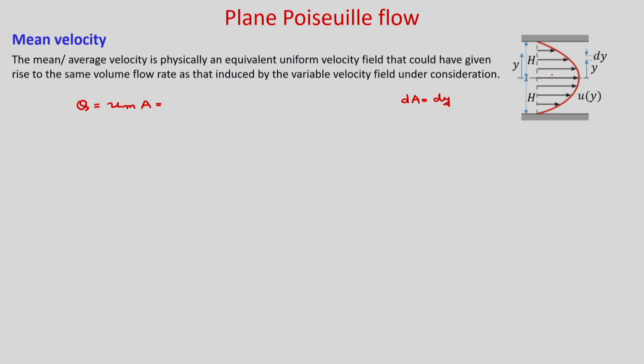Width means perpendicular to this board, whatever distance you have. If you consider that as w, then you can write w into dy, and total flow area will be, since twice h is the distance between the two parallel plates, 2h into w. Okay. So, now if you consider this elemental area, what flow is happening?